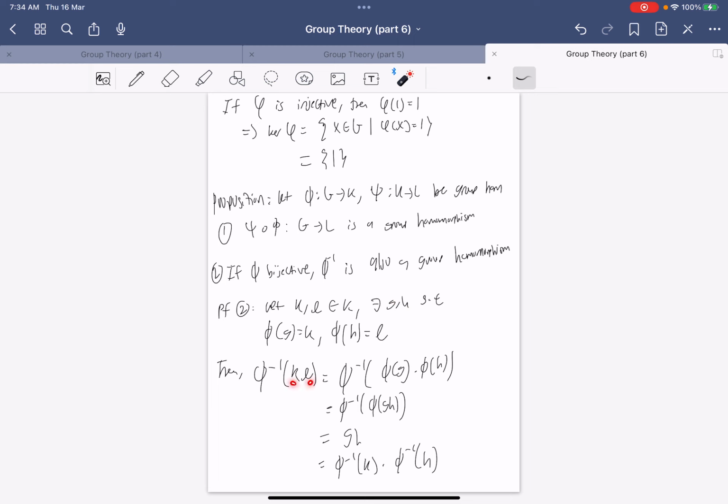So you replace k and l respectively, and this can be grouped together, so it's just phi inverse of phi of gh, and this phi inverse and phi will cancel each other, so it's gh. And g and h, now you replace back, and it's just phi inverse k times phi inverse l. And so this really shows that the group of automorphisms is a group.